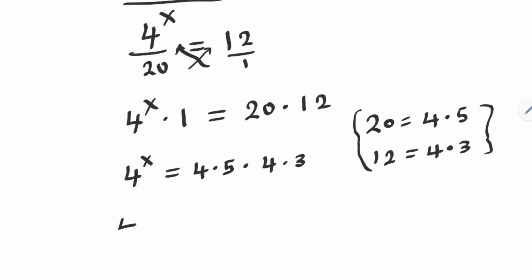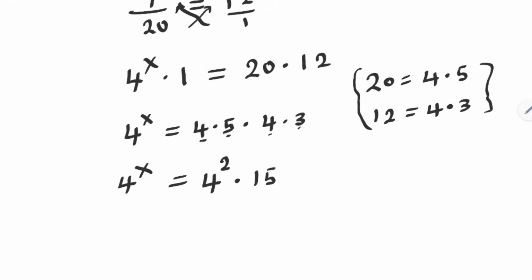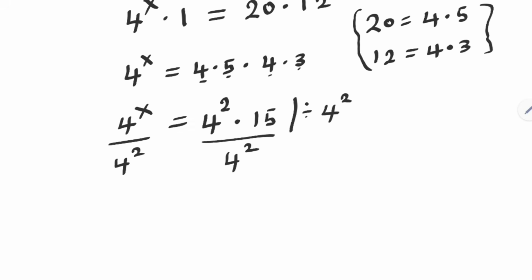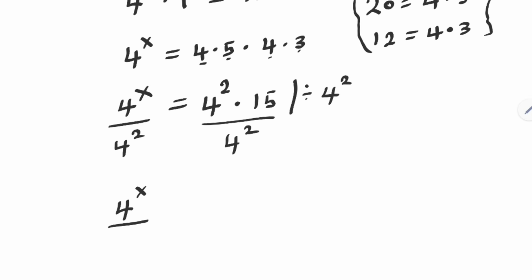Now this is 4 raised to power x is equal to, here is 4 and there is 4 here. That is 4 square multiplied by, we have 5 multiplied by 3, that is 15. Let us divide the whole of this equation by 4 square. 4 raised to power x divided by 4 square is equal to, this cancels this, 15.